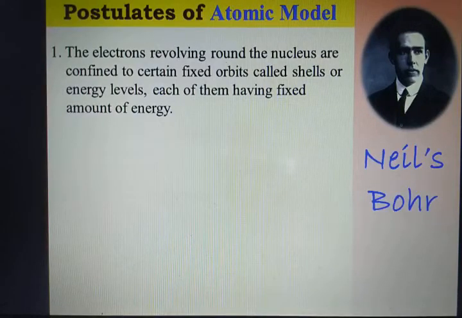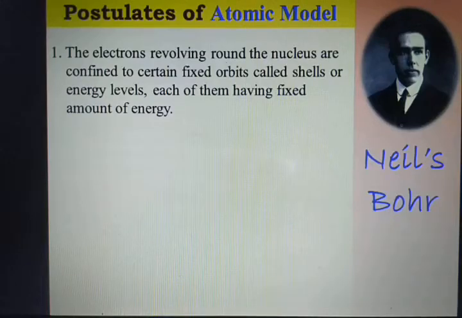He just renamed those orbits as shells, or energy levels. Confined means that when they are circulating around the nucleus within those energy levels, they cannot leave that particular energy level, that particular orbit.